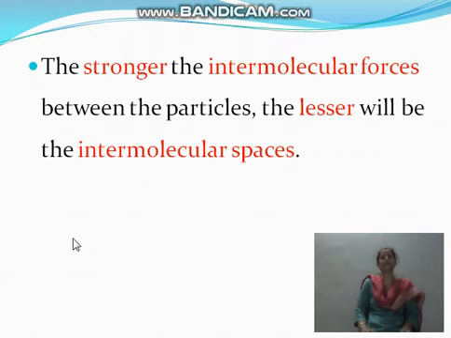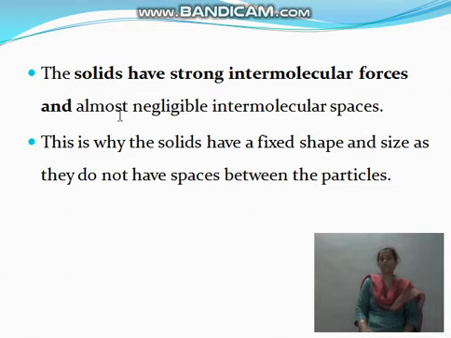Okay. The stronger the intermolecular force between the particles, the lesser will be the intermolecular space. If the intermolecular force is more, then the space is very little. Now comparing with solids: in solids, they have strong intermolecular forces because the particles are very tightly arranged.